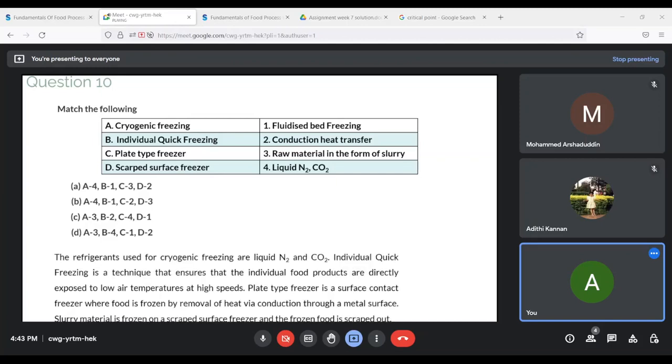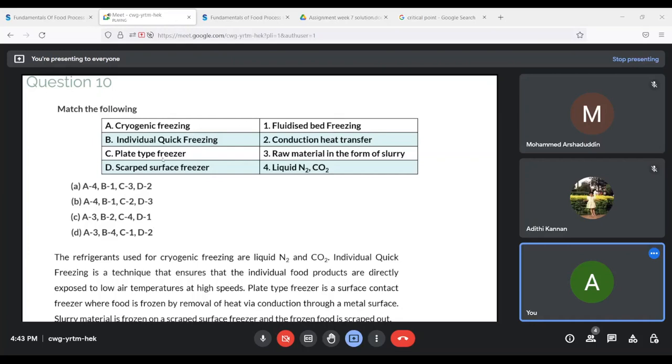So your plate will act as a metal or a surface contact through which your heat removal is happening. And since plate is a solid, you are actually dealing with conduction in this case. So from the surface of your food product, heat will be transferred onto the plate, and from the plate, heat will be transferred to the surrounding air or the refrigerant that is supplied. So plate type freezer will fall under conduction heat transfer.